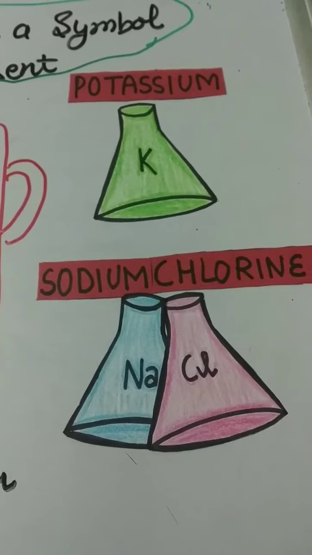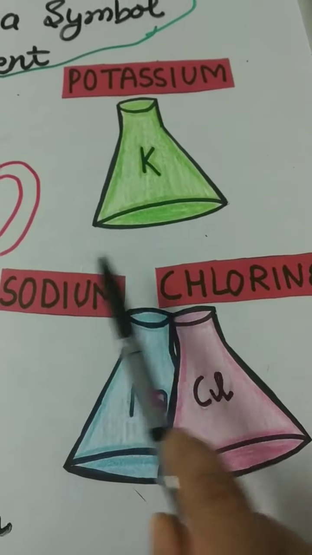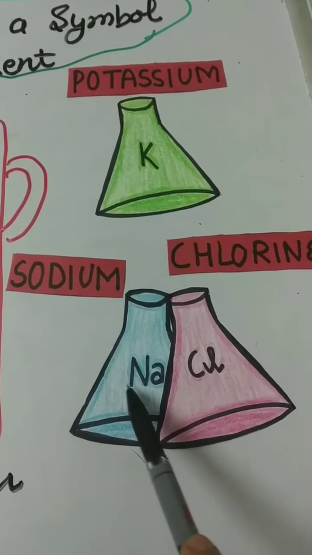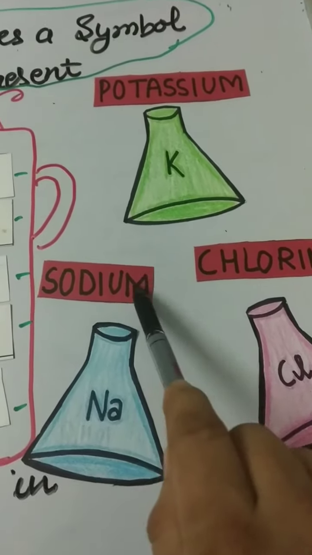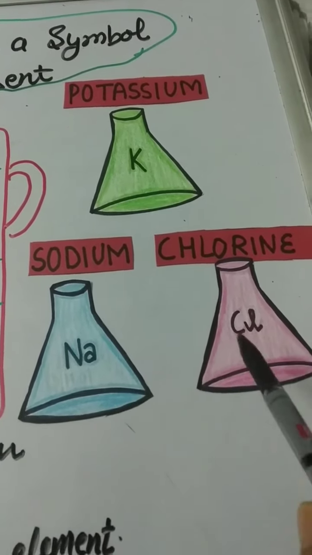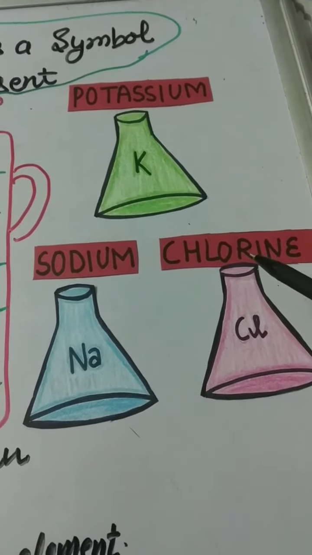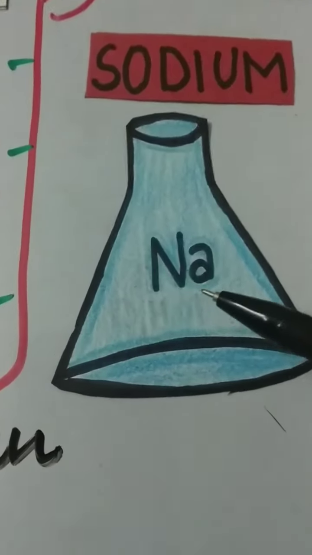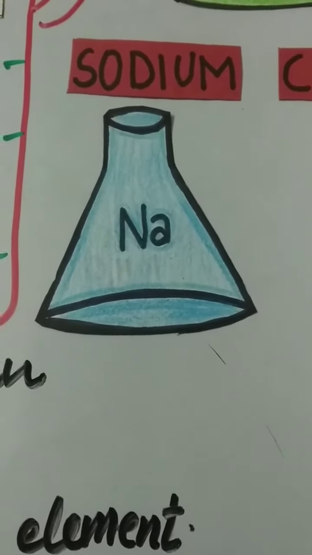Instead of saying that the compound common salt is made up of the elements sodium and chlorine, we can say that sodium and chlorine, these two elements, when combined together, form common salt. Instead of writing sodium, we can write Na. Instead of writing chlorine, we can write Cl. By seeing these symbols, we can identify which elements combine to form salt.